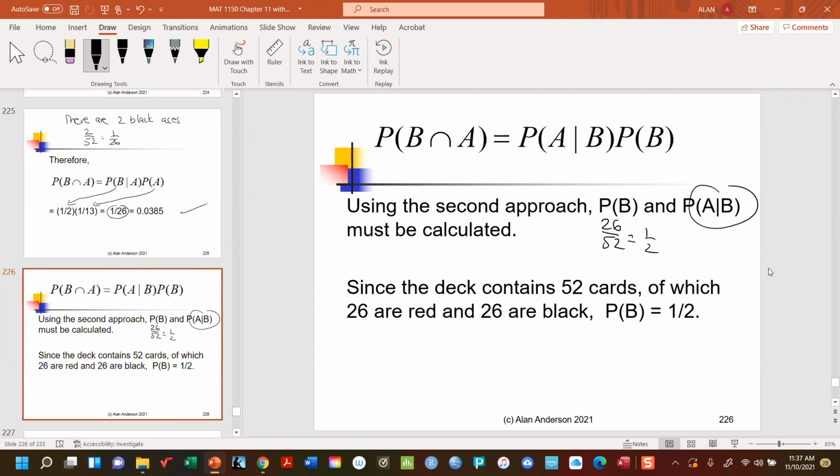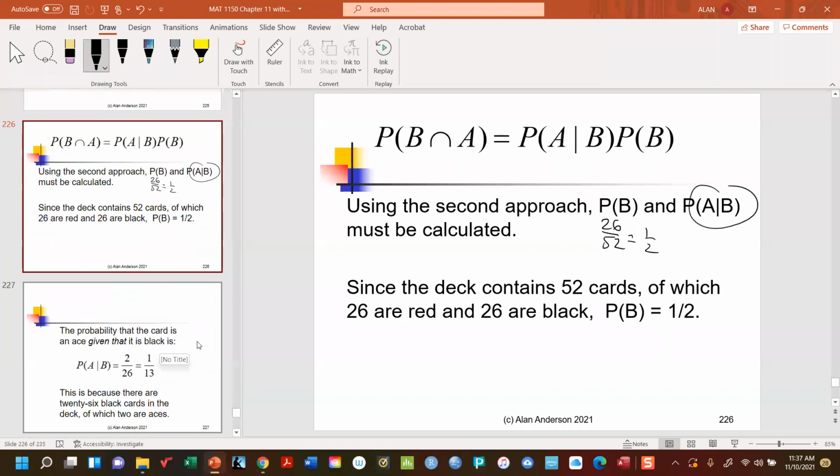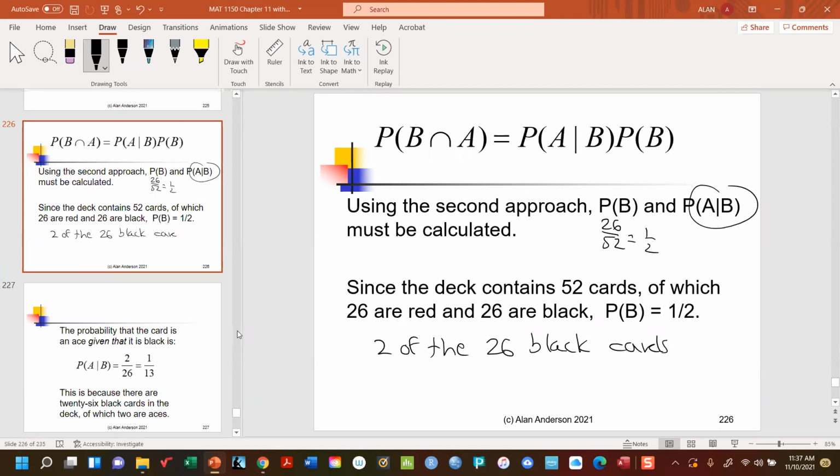Here's the interesting one. If I have all the black cards in front of me, 26 of them, 2 of them are aces. Two of the 26 black cards are aces.